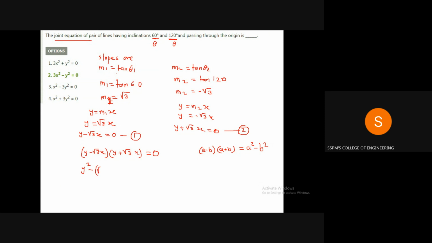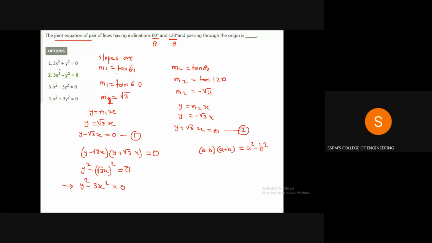Second term is root 3 into x whole square is equal to 0. So we have y square minus 3x square is equal to 0. Y square minus 3x square is equal to 0. So root 3, square of root 3 is 3 and square of x is x square. So this is the answer.